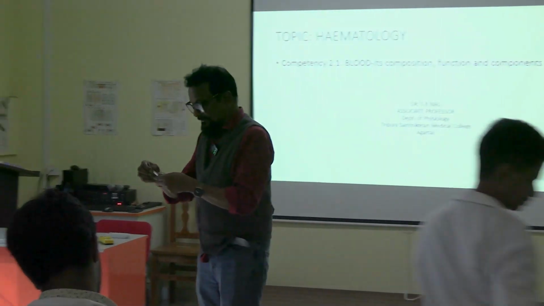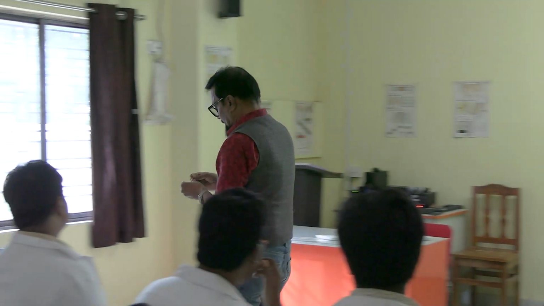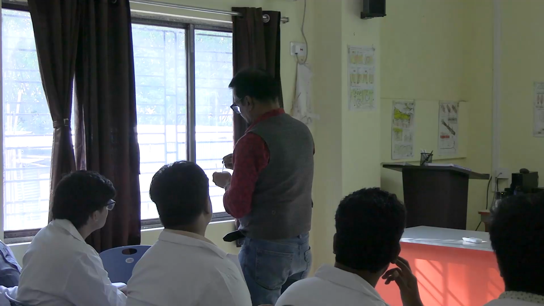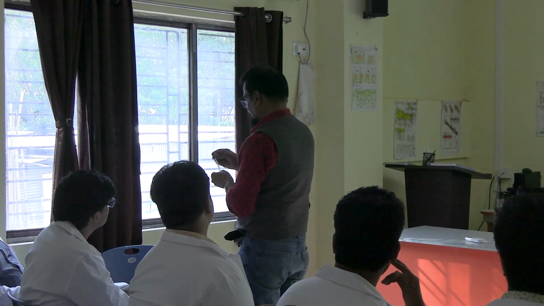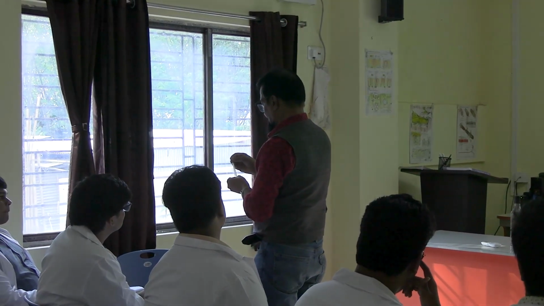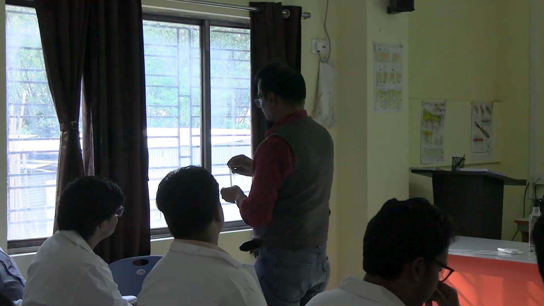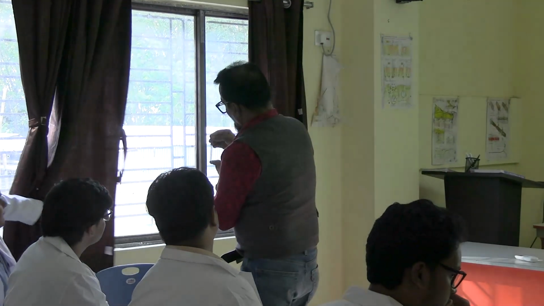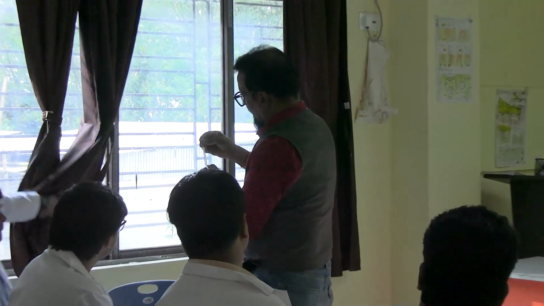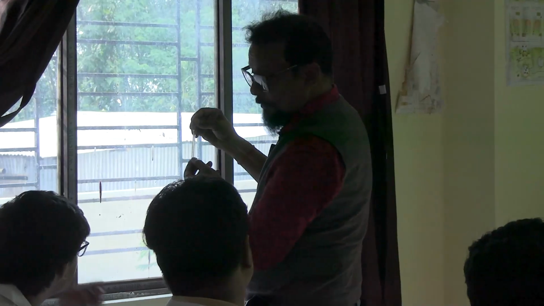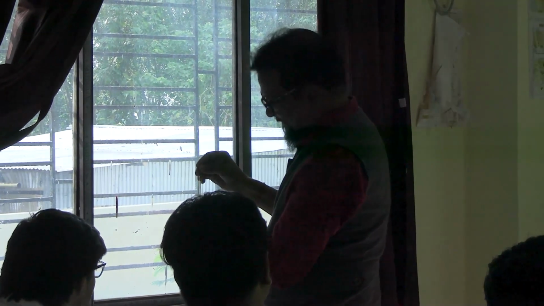So this is the Wintrobe tube. Say, here the zero marking starts from the bottom.